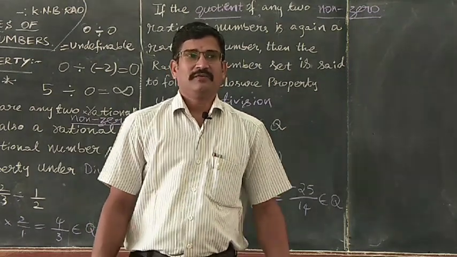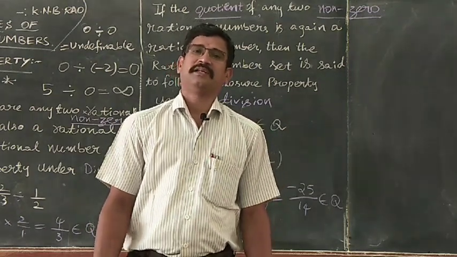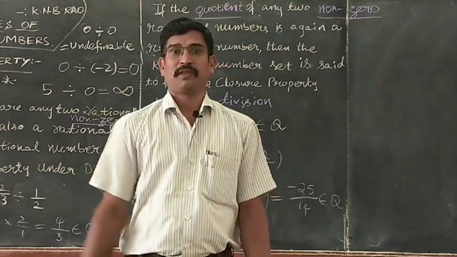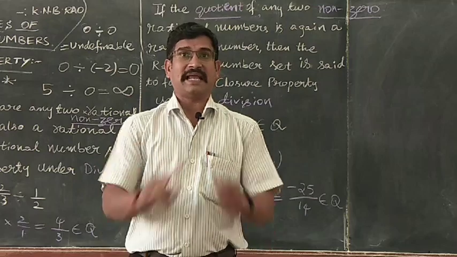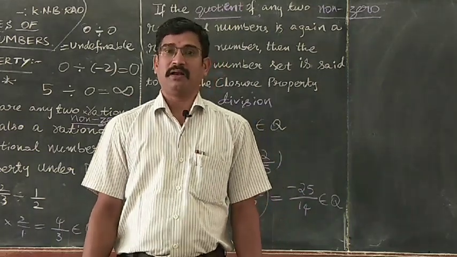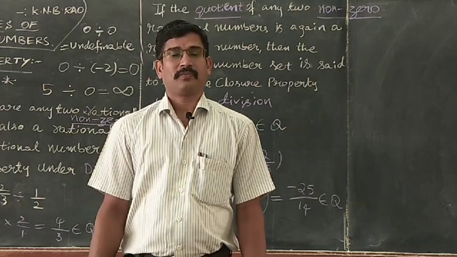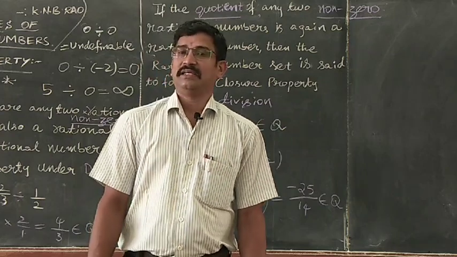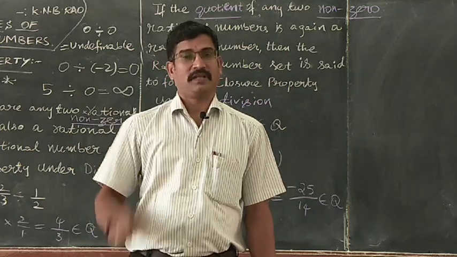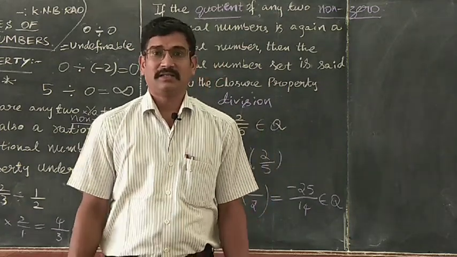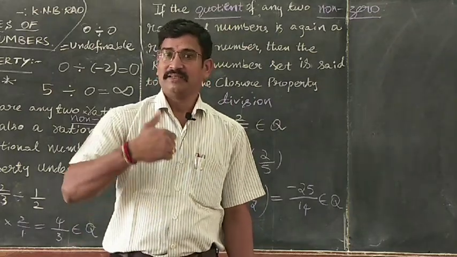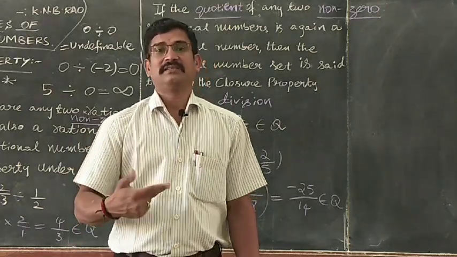Children, with this, the closure property under addition, subtraction, multiplication, division for rational numbers is over. Now, we need to make a table, but I expect you to make a table on your own first, and tomorrow I will start with the table for the closure property under these four operations for the whole number set, the integer set, then the rational number set.